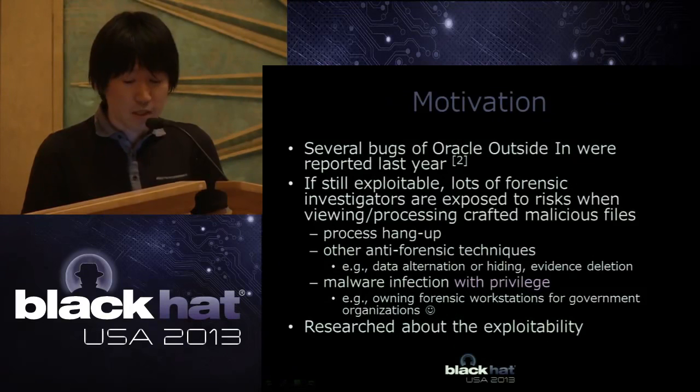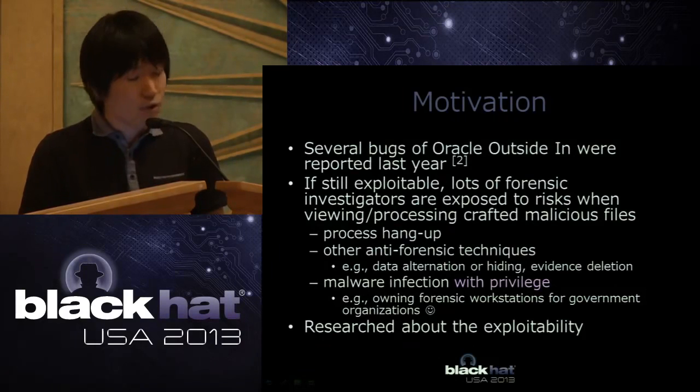This means the impact is very large when exploiting a vulnerability of Outside In. Practically, several bugs of Outside In were reported last year. If still exploitable, lots of forensic investigators are exposed to risks of anti-forensics, such as process hang-up and malware infection.